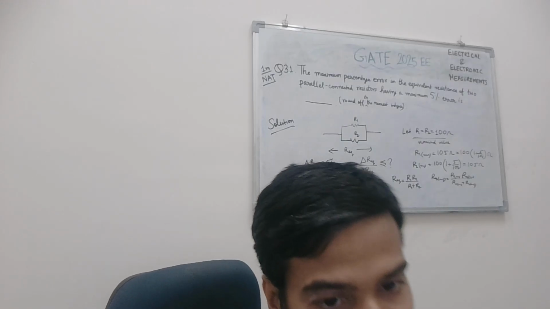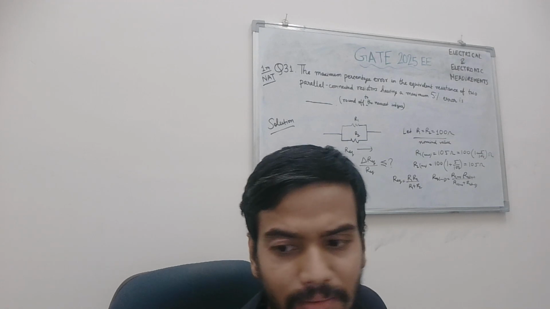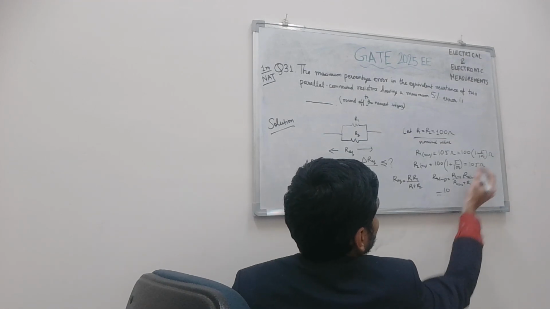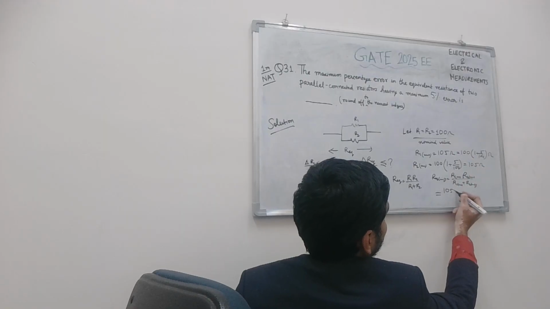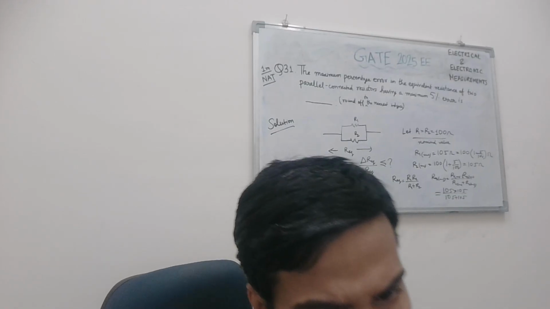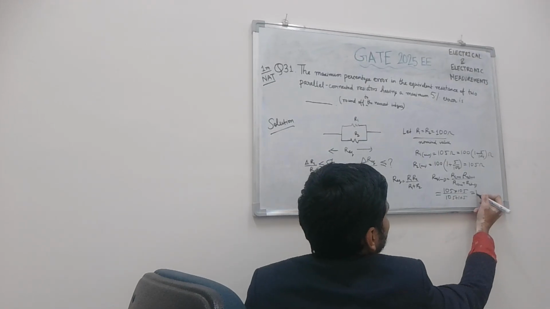When both the resistors are having maximum error, the error in the equivalent resistance will also be maximum. So it will be 105 for both. If two equal resistors are connected in parallel, the equivalent resistance will be half of each, so this is nothing but 105 ohms.